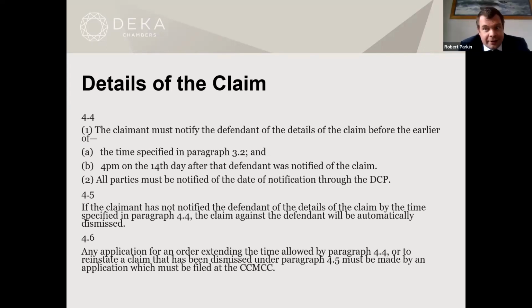But I would still get that application for an extension in time, particularly if you're dealing with anything which engages the 4 months after the notification of the claim form being served. I would certainly encourage you to make that application early, and if you're a defendant, look out for the possibility of the claimant getting that wrong.